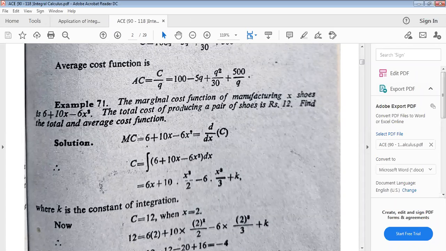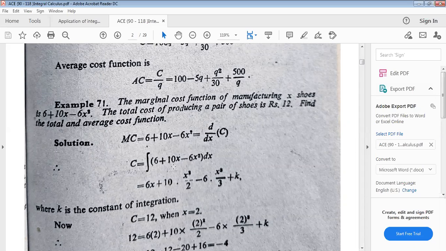Now we are given marginal cost equals 6 plus 10x minus 6x squared. We know marginal cost equals dC/dx, right? Just taking integration on both sides, we get C equals the integration of the marginal cost, 6 plus 10x minus 6x squared.